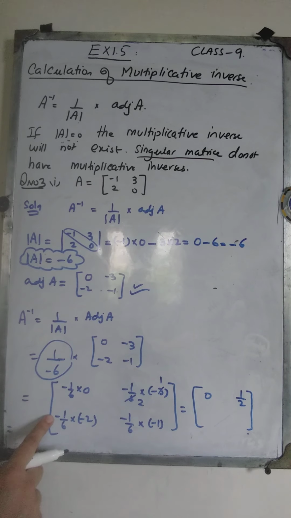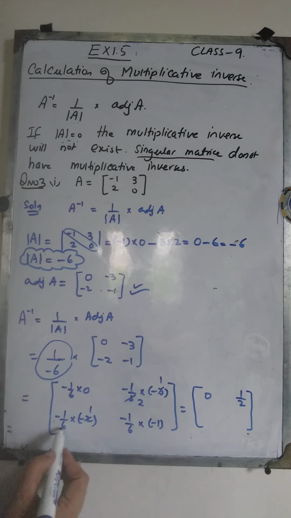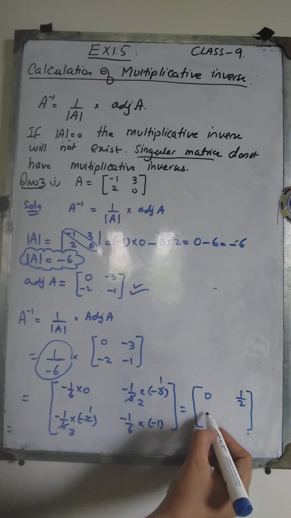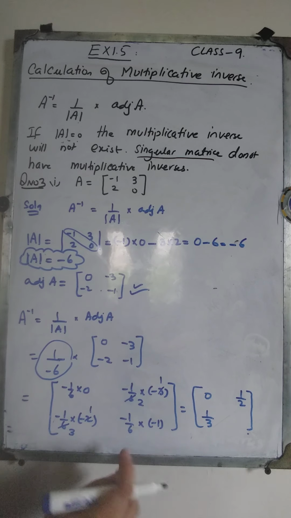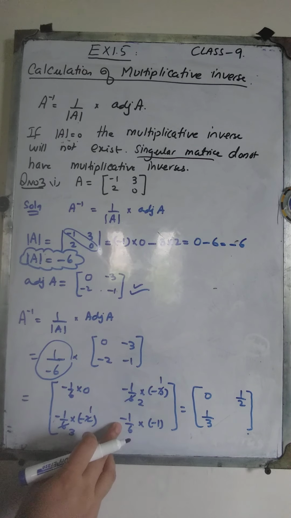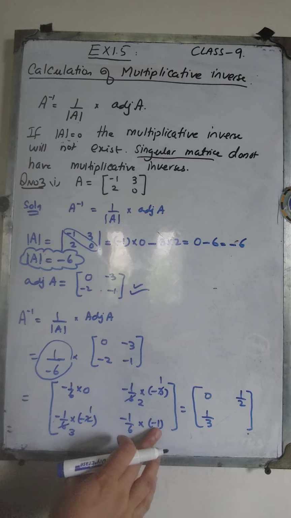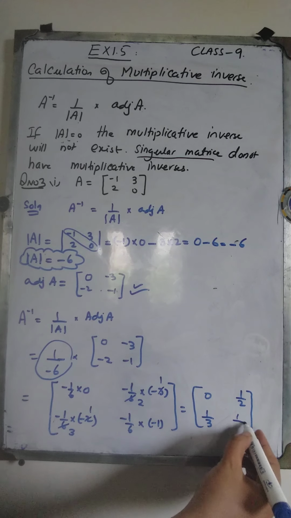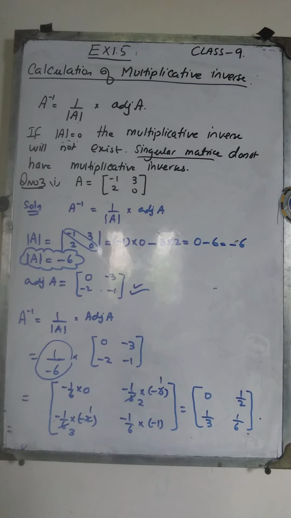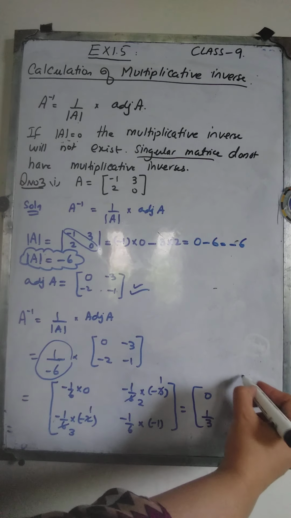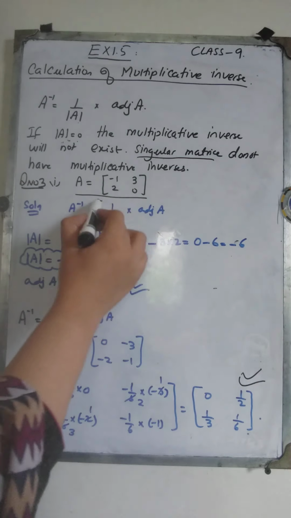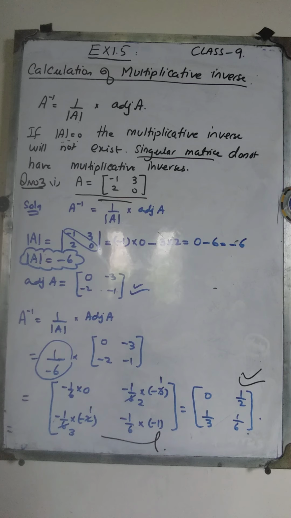Then negative times negative is again positive, and cancelling, this equals a positive 1/3. And then negative times negative is again positive, so 1/6 times 1 is 1/6. This is how you calculate the inverse of the matrix. This is the inverse of matrix A, and this completes the question.